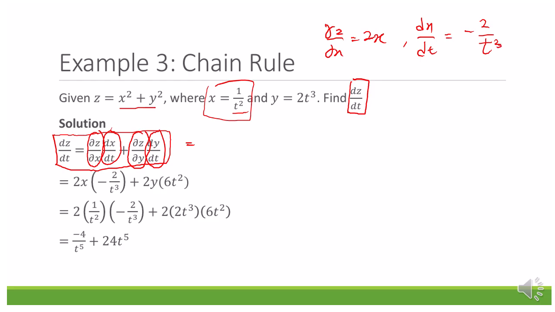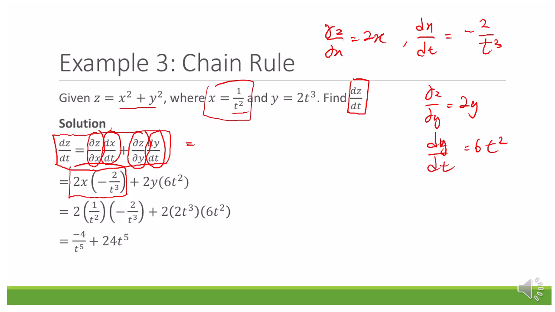Okay, so we substitute the values in here and we get the values. Similarly, we do dz/dy with respect to y. So this gives us 2y, and dy/dt will give you 6t squared.